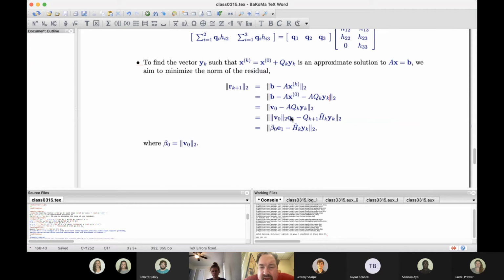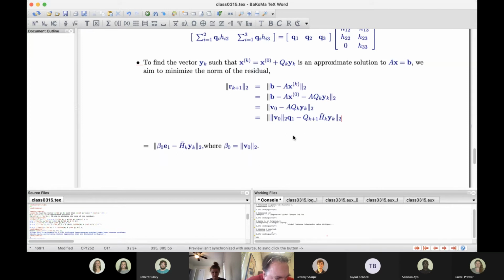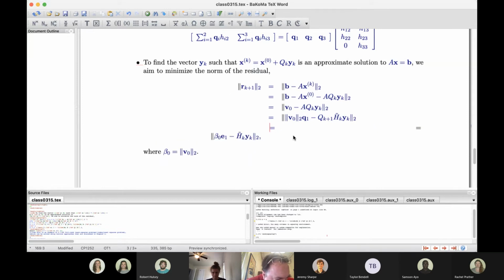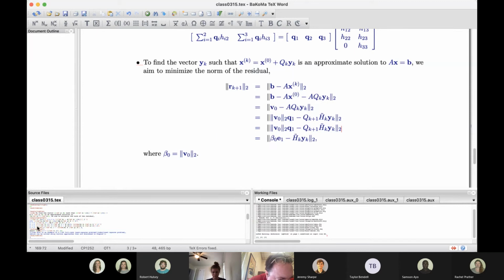Now what I can do to get from here to here is use the fact, which came up in a homework problem recently, that the 2 norm of a vector is not affected by multiplying by an orthogonal matrix. So I take this whole expression and multiply it by Qk plus 1 transpose.